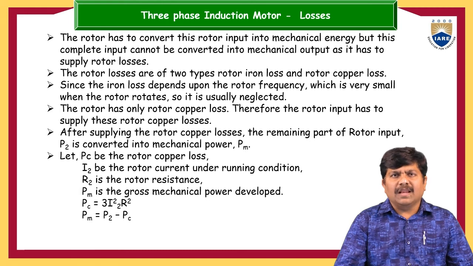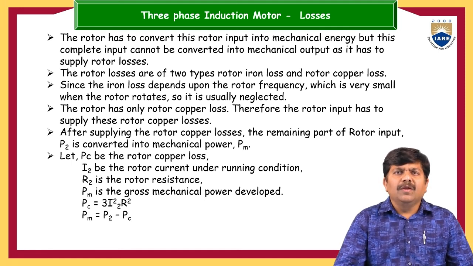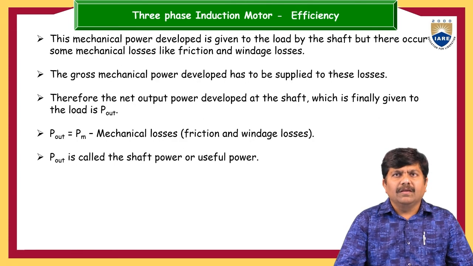Then what could be the gross mechanical power? Gross mechanical power is the mechanical output power that will be available across the rotor only, not across the shaft. That is a very, very important thing. So gross mechanical power is nothing but Pm equals rotor input minus rotor copper losses, P2 minus Pc.